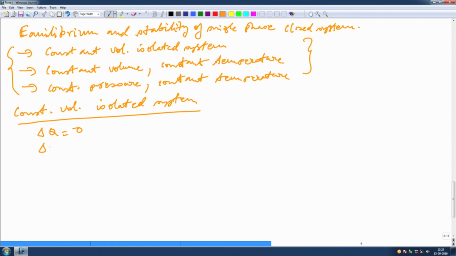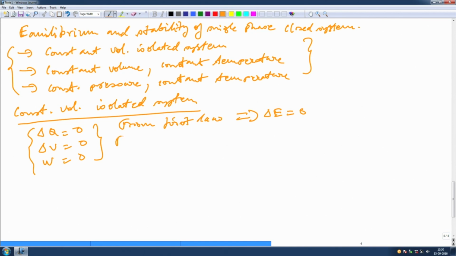And it is a constant volume, so the net volume change is also equal to 0. The work that has been done by the system is also equal to 0. So, these are the three things that we know are true. From the first law, what else do we know? From the first law, we know that the change of internal energy of the system is also equal to 0, correct? That is because it is an isolated system.